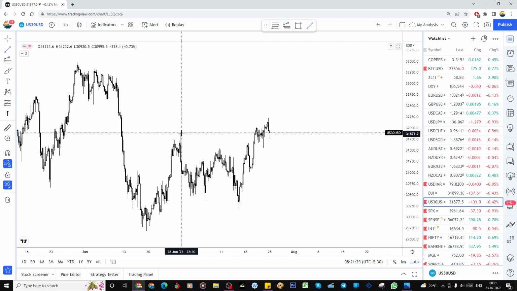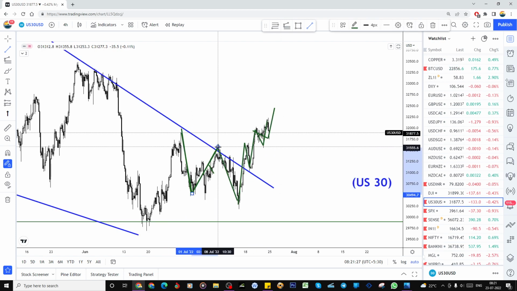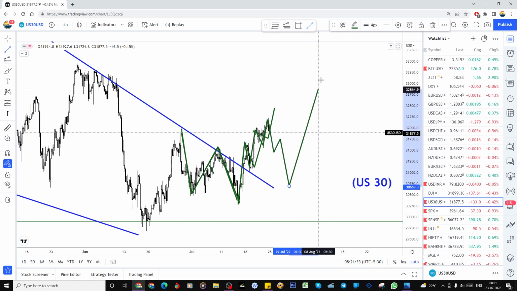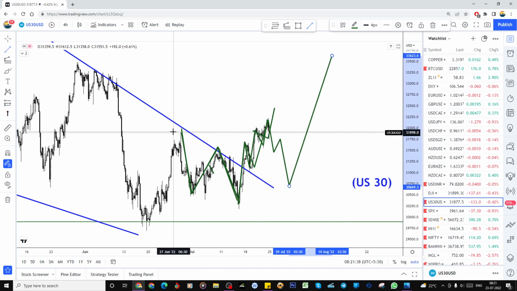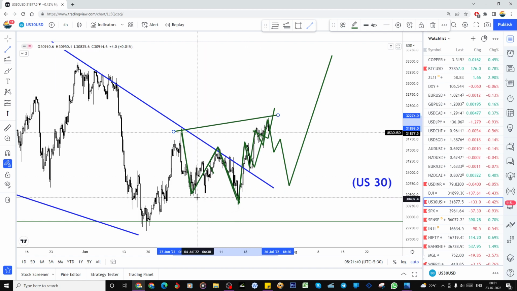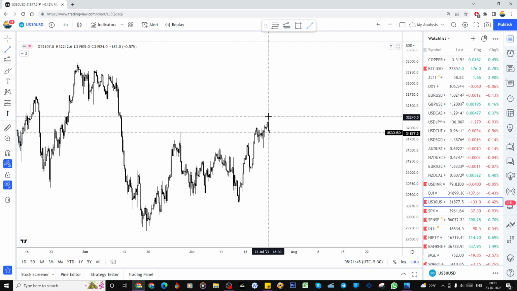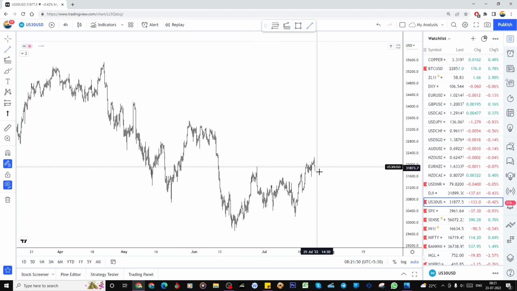So either this is the completion, or it can do like this. Then this will become the correction part. So there is a chance, but according to this chance, I am not on the sell side.